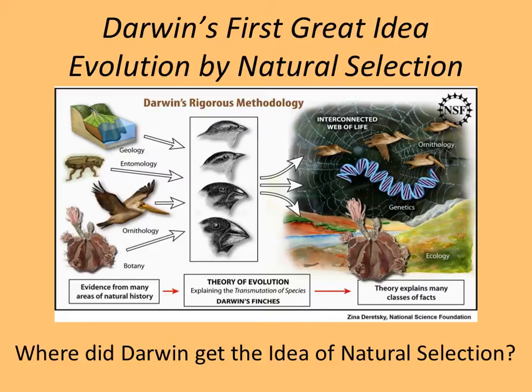Now remember, Darwin, you've heard about income inequality. I'm sure everybody in here has, right? Okay. Darwin was a member of the 1%. Income inequality back then was much worse than it is today. You were born into a class.